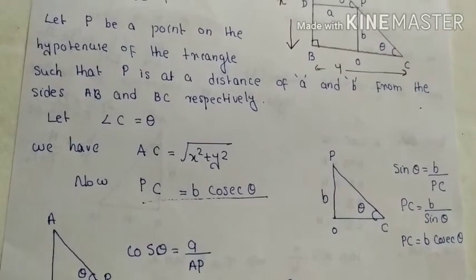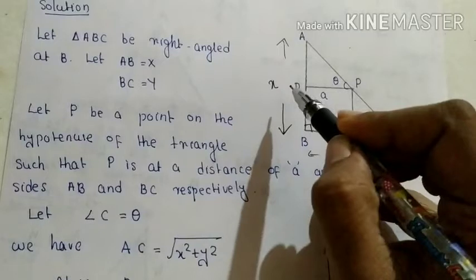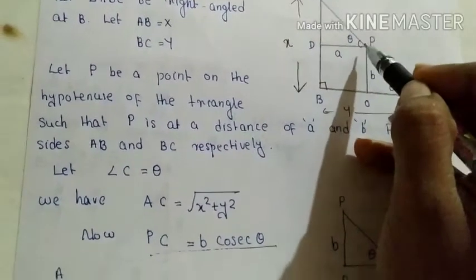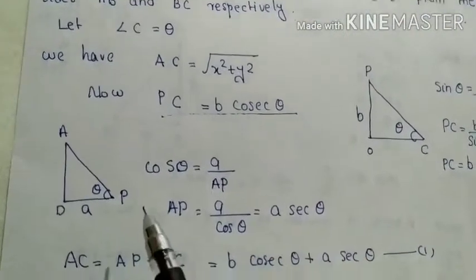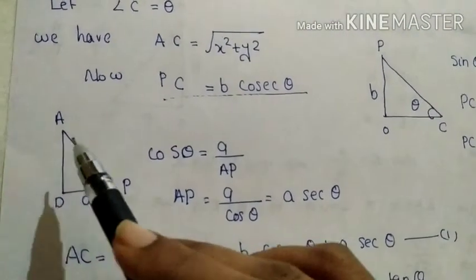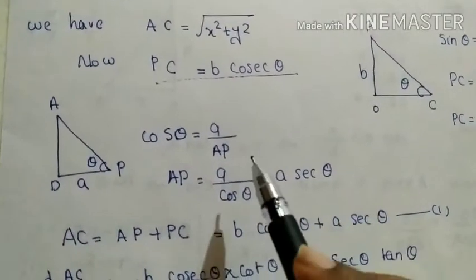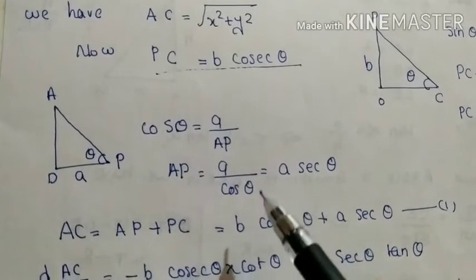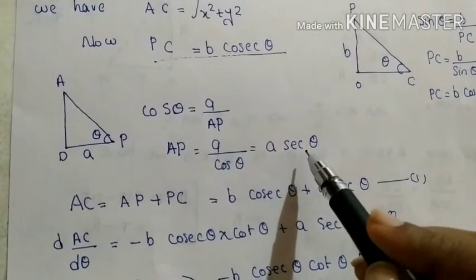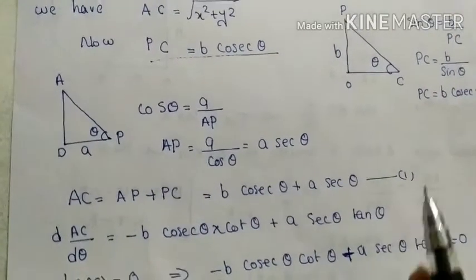Also consider this triangle APD, given that side DP equals A and angle theta here. From this we get cos theta equals adjacent side divided by hypotenuse, that is A divided by AP, and from this AP equals A divided by cos theta, and we know that 1 by cos theta is sec theta. So AP is equal to A sec theta.